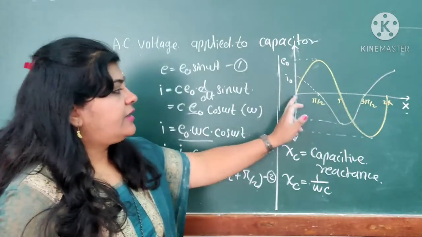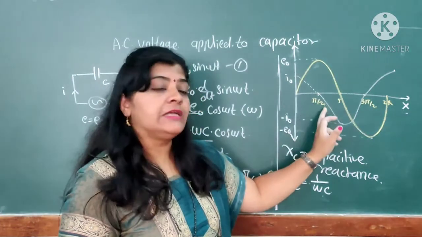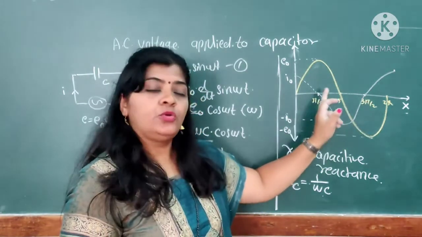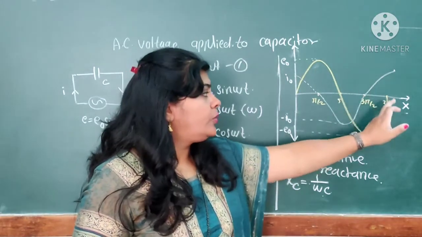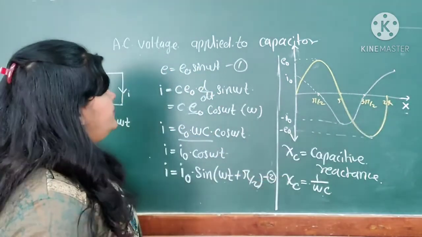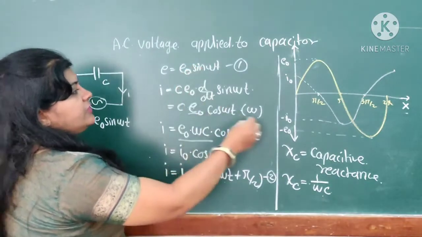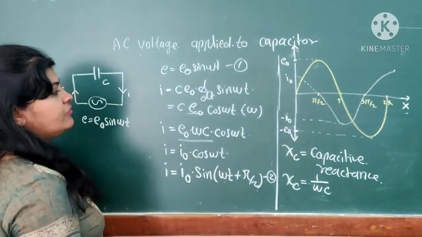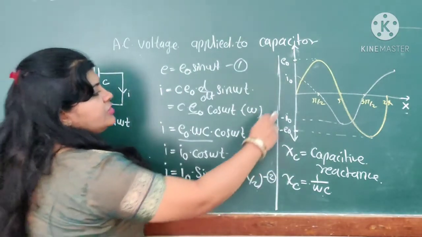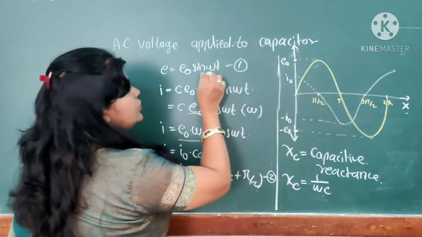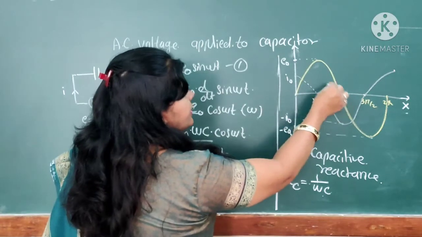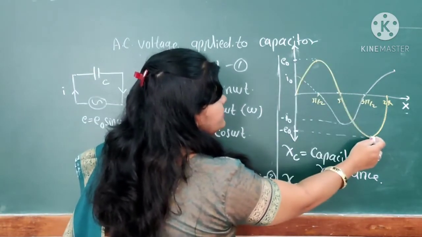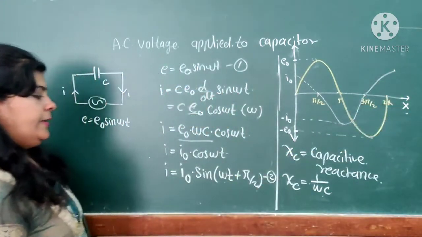Now, for equal intervals, draw the angles 0, pi by 2, pi, 3 pi by 2 and 2 pi. Then the maximum value of the EMF is E naught and the minimum is minus E naught, marked for it. Taken as a sine function, it starts from 0 with sine omega t, is maximum at pi by 2, minimum at pi, then maximum at 3 pi by 2 and 2 pi.